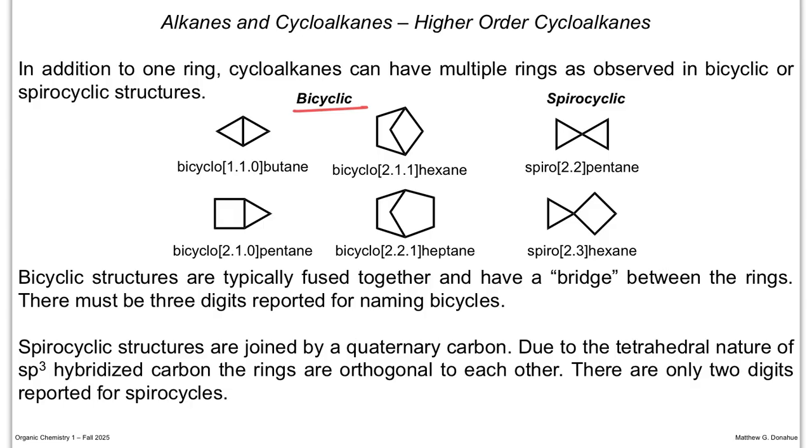There are bicyclic and then spirocyclic compounds. So bi means two. Spiro means there are two rings connected by a quaternary carbon.